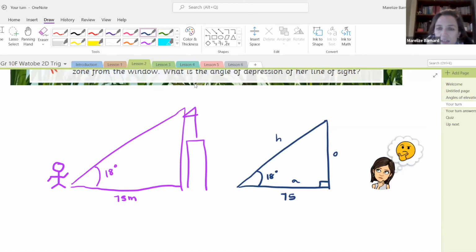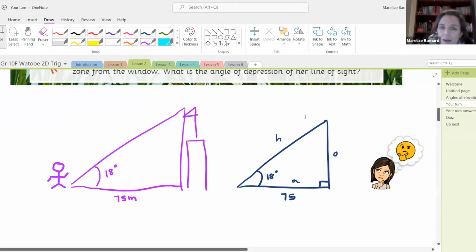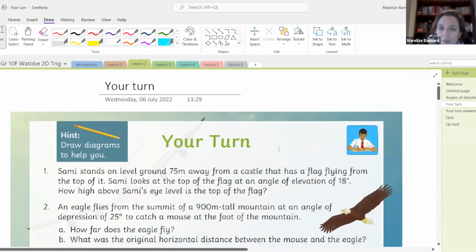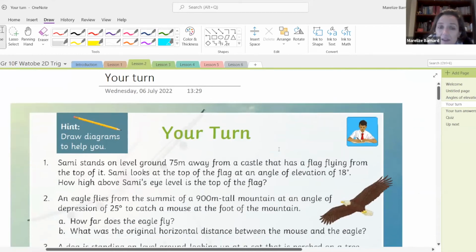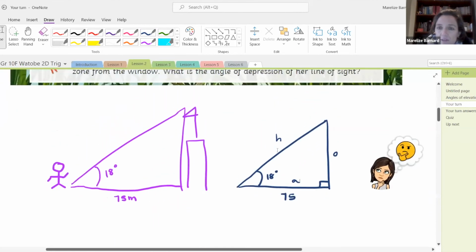So check that your sketch is right, and now you can continue to solve for the opposite side, because that is how high above Sammy's eye level is the top of the flag. So it's that distance that we are looking for.